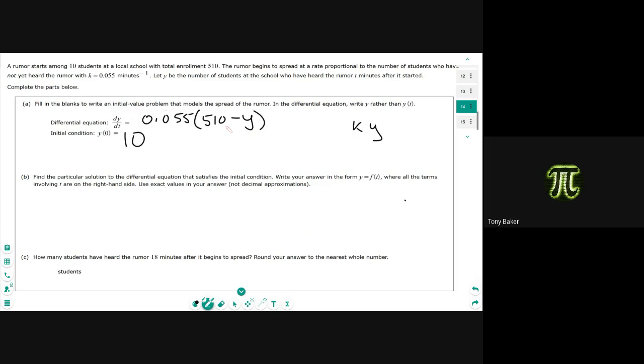So the 510 minus, and the y becomes what? How many students don't know about the rumor at the start point when I start doing the calculations? 500. E to the 0.055.